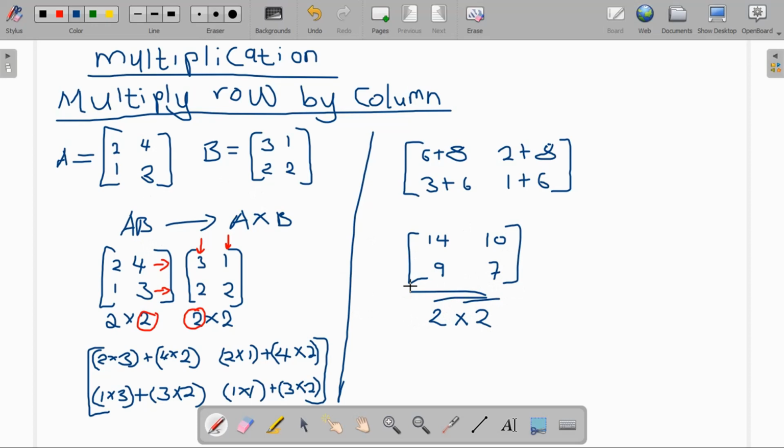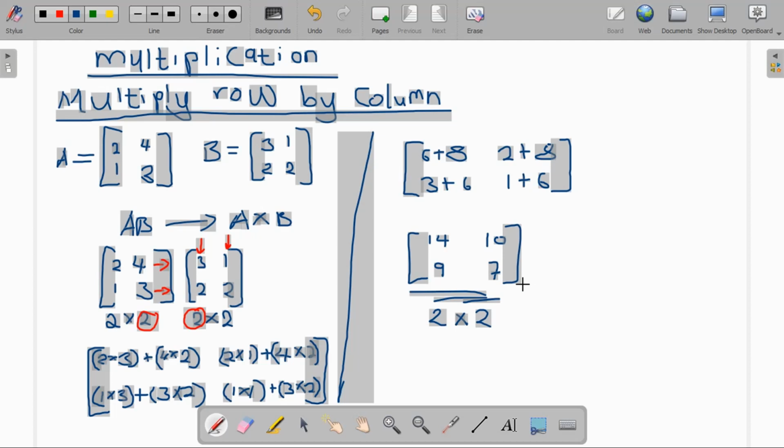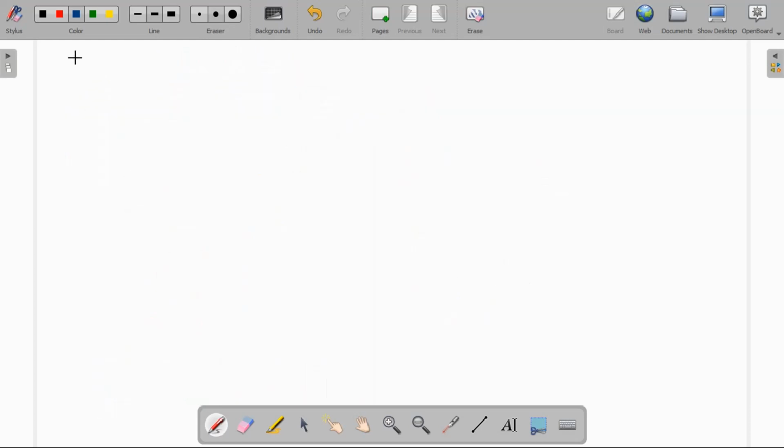Let me give another example. Say C, we have this kind of matrix, which is 2 and 1, and then D, we have this kind of matrix, which is 3 and 4.